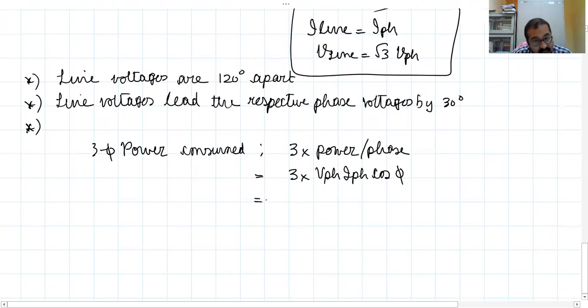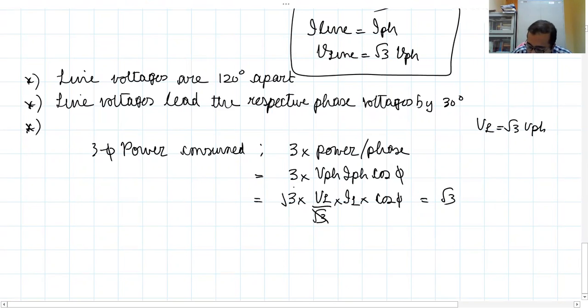But we know in a star connection V line is √3 times VPH, or VPH is VL divided by √3, and IPH is the same as IL. So what will you get? √3 times VL IL cos phi. This will be the total power consumed in watts.